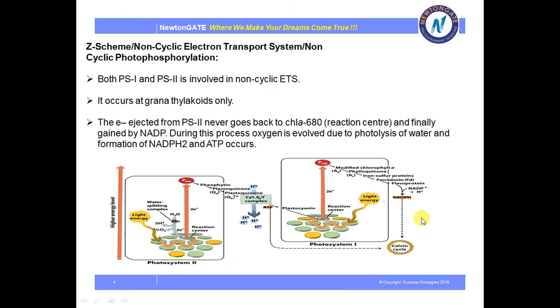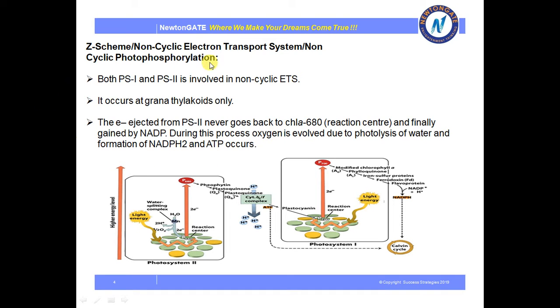But in non-cyclic photophosphorylation, photolysis occurs and formation of NADPH2 and ATP occurs. Okay. So previously we saw that in cyclic photophosphorylation, no NADPH2 formation occurs. But in non-cyclic photophosphorylation, NADPH2 and ATP both are formed.